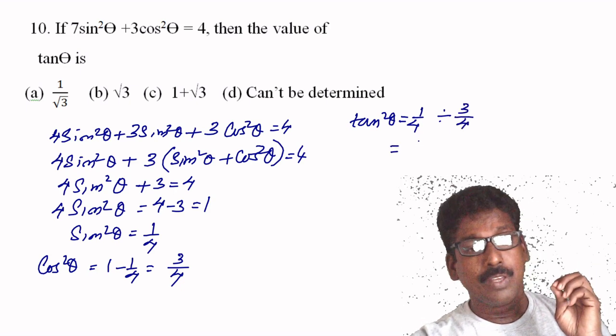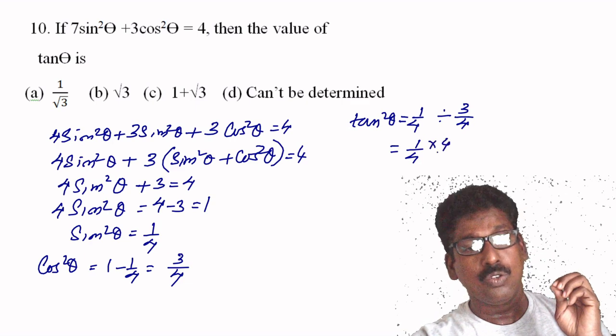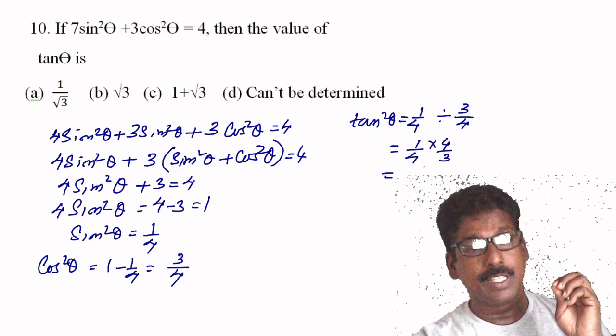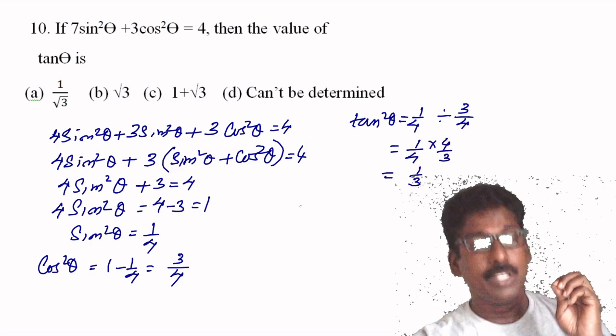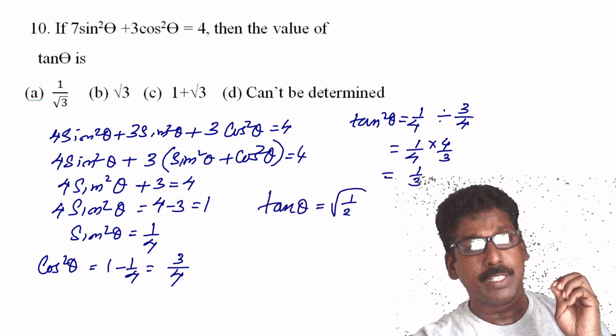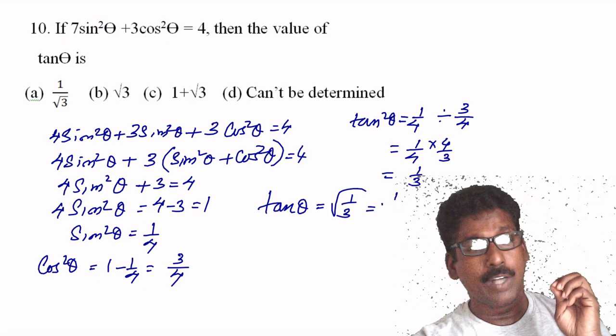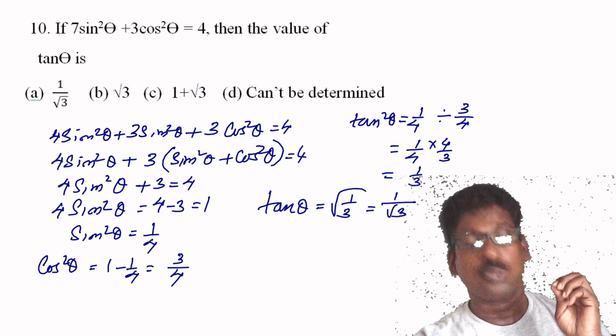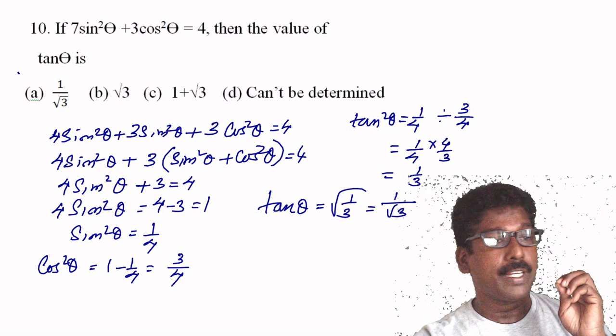That means 1 by 4 into 4 by 3, which is equal to 4 cancel 1 by 3. So tan theta you can write it as square root of 1 by 3, which is equal to 1 by root 3. So option A is the correct option.